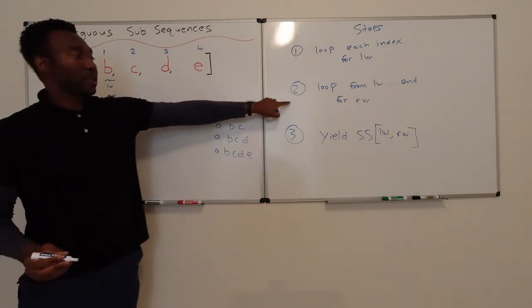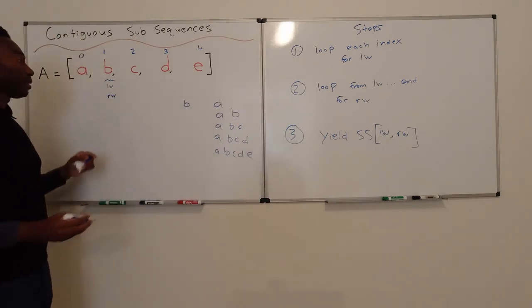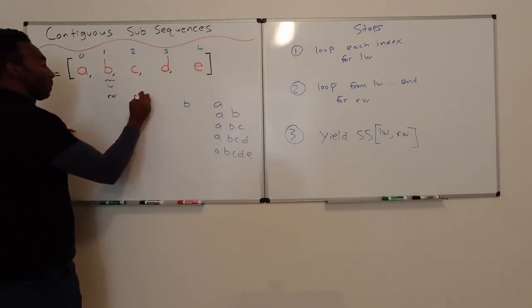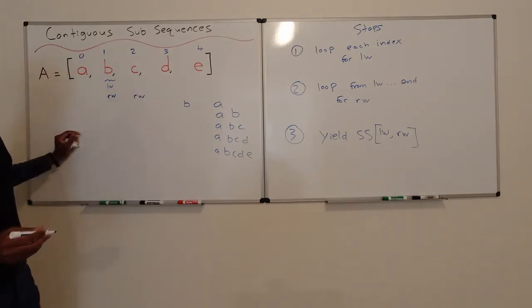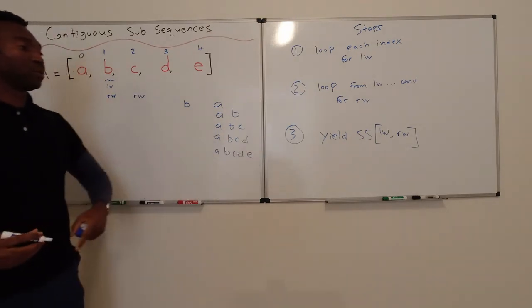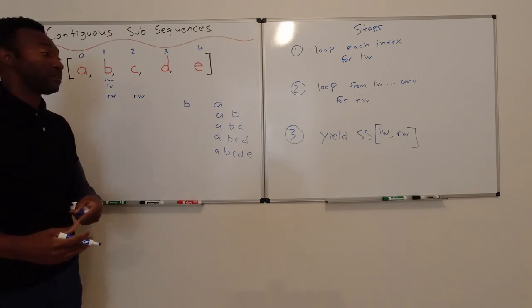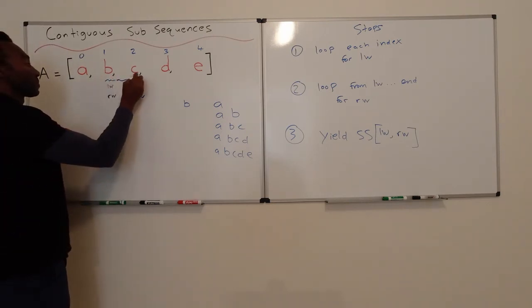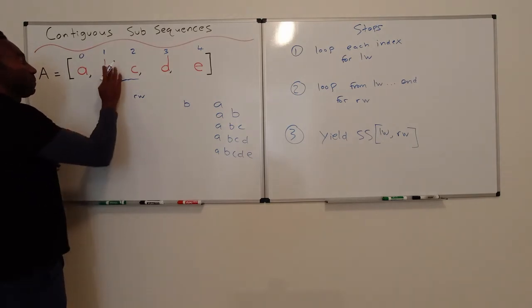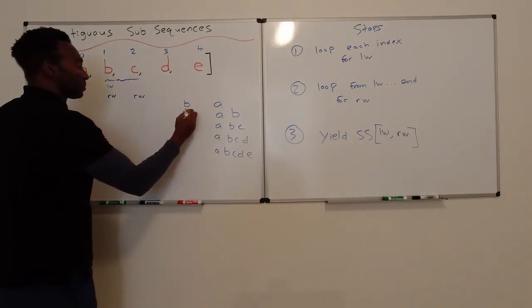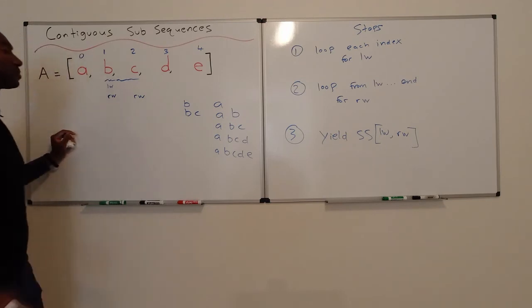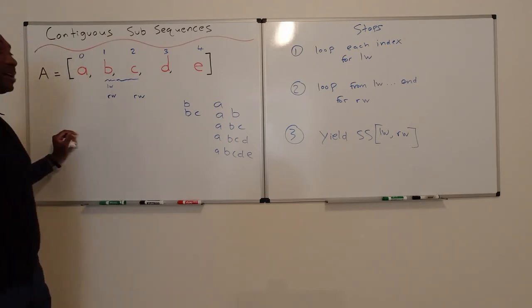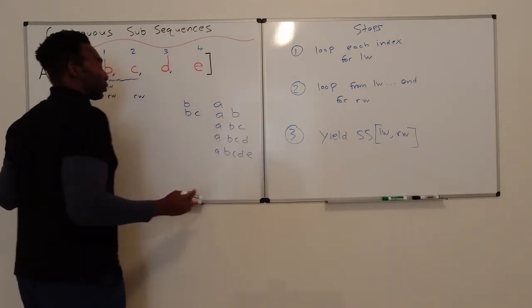So we return to this, and then we're going to increment the right wall one more time. And this is what we have. Step 3 says you want to yield or return the subarray or subsequence that's defined by that. Here you have the subsequence of B and C. And then return to your inner loop.